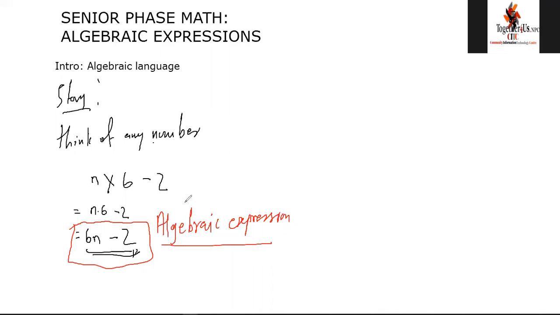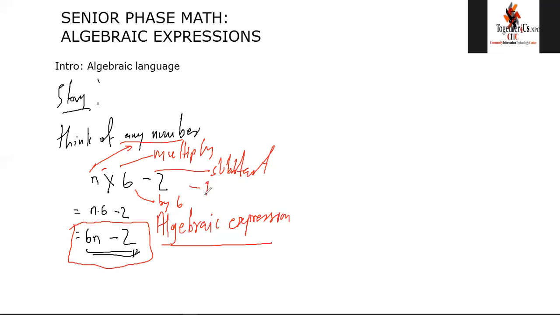What was the sequence of operations in this case? The first thing we did is we had a number, any number, then we multiplied that number by 6, then subtracted the number 2. So whenever you see algebraic expressions, you need not be frightened.